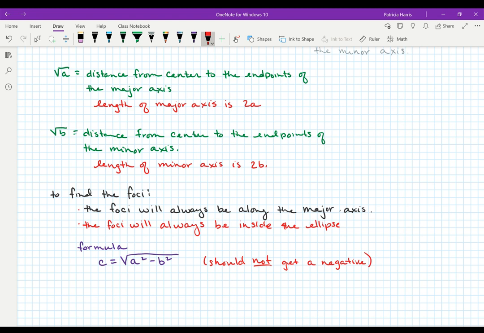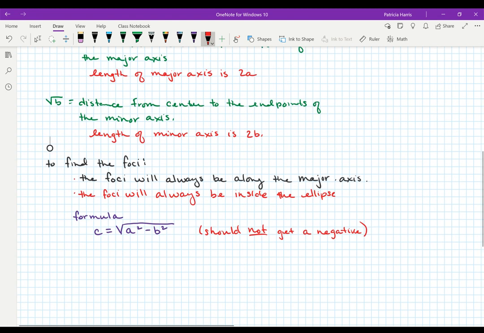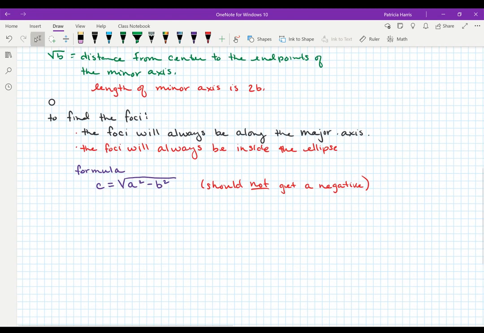We don't want any complex numbers rolling around. And to find those foci points, you're going to count C from the center on each side along the major axis.